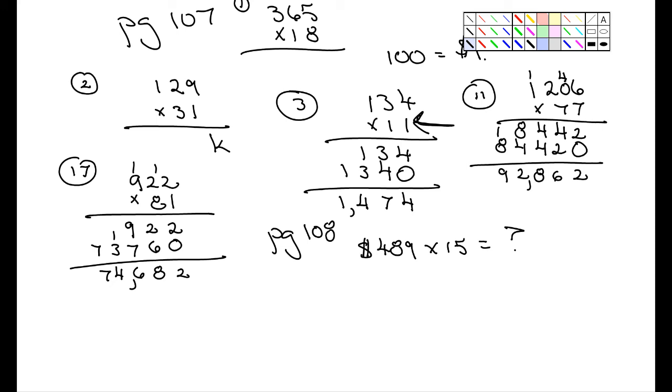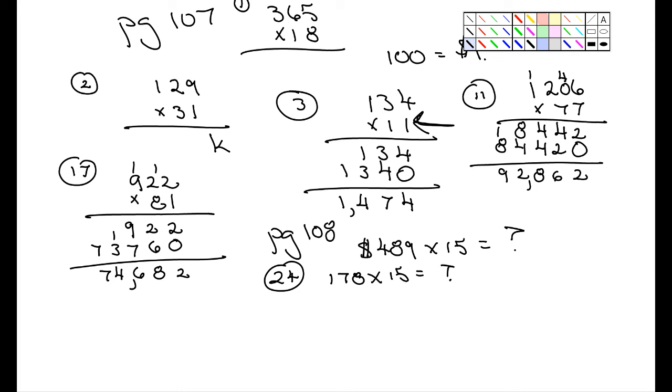Number 24, just below that, it says, which trip would cost more? 15 trips to Boston. We know Boston is 178, so that's 178 times 15 equals something.